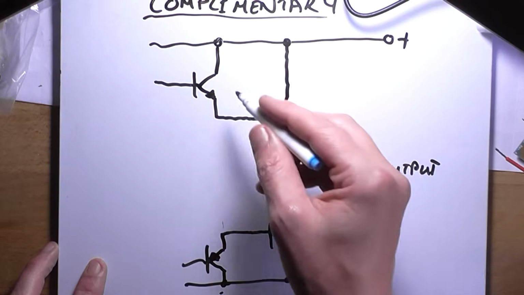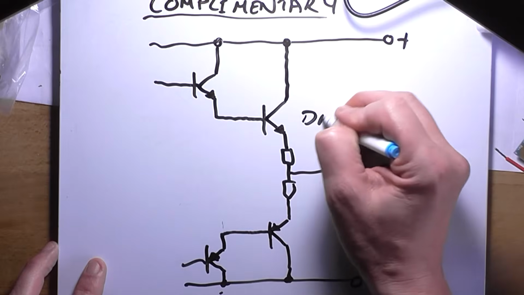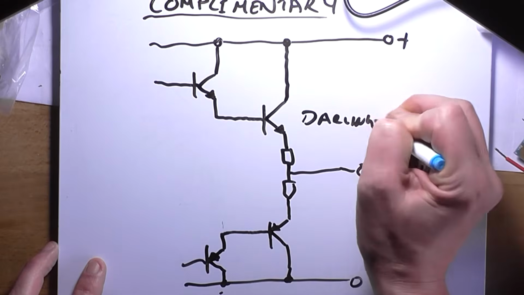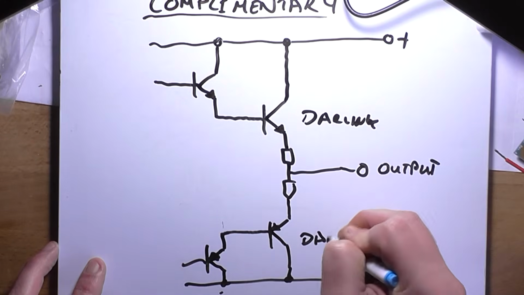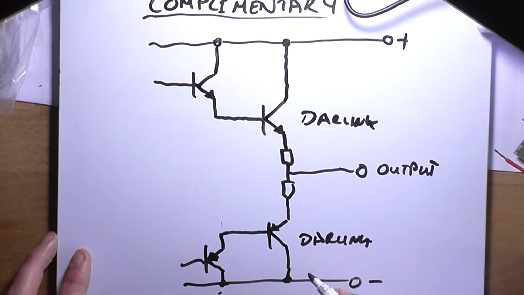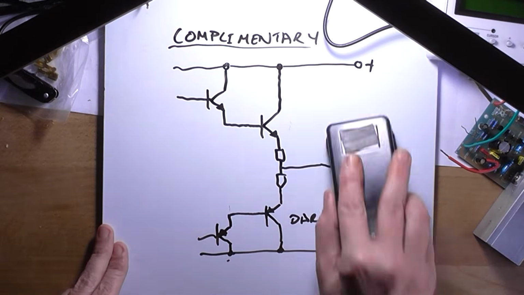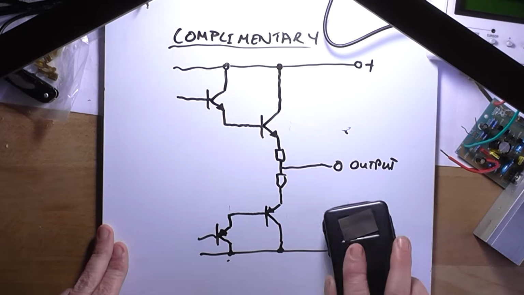Now, they're basically Darlington configurations. So that's a Darlington. That's also a Darlington. And this is known as class AB. With this, we can also have it as a class B output stage.